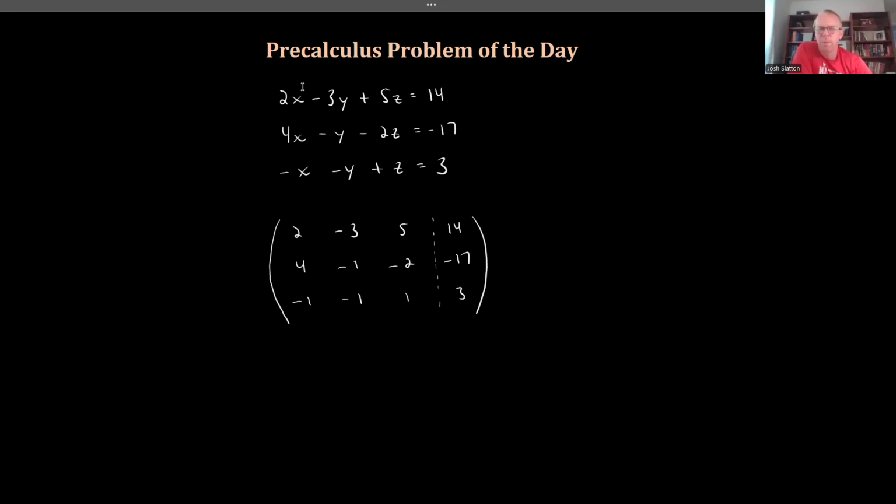Most of the time they're not going to mix up the variables, but if it ever was that way, like you had negative y plus 4x here, you would need to switch those back. So this column here is your x column, this column is your y column, and this column is your z column. And then this column here we just call the solution. Not the solution to the system, of course, but the other side of the equal.